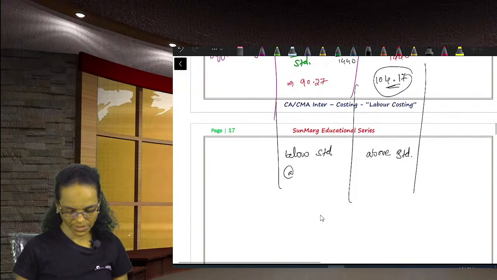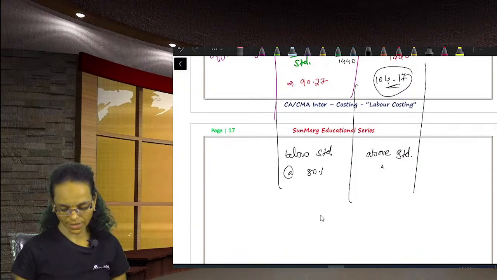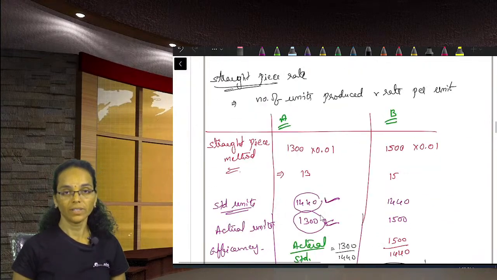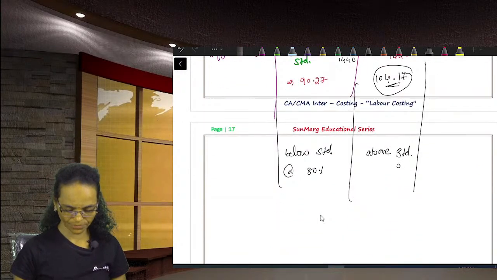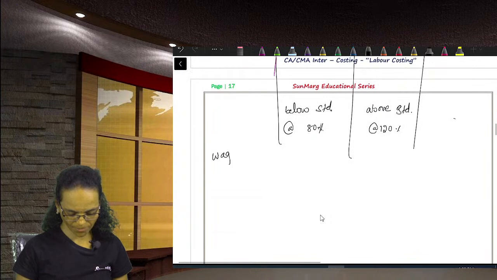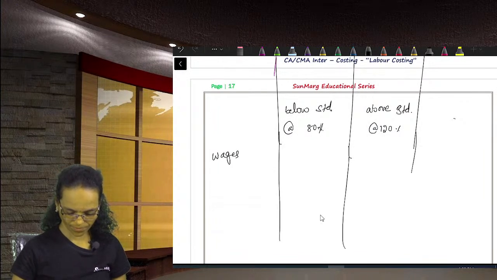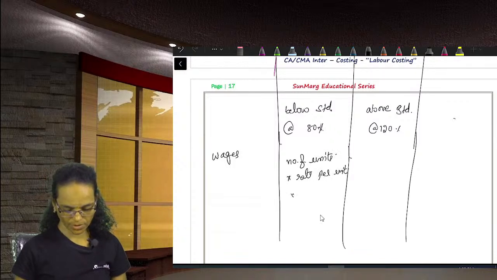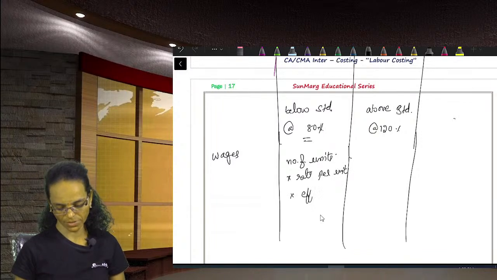So the rate is 80% for below standard, and 120% as given in the question for at or above standard. Now wages are number of units produced into rate per unit into the efficiency percentage rate.